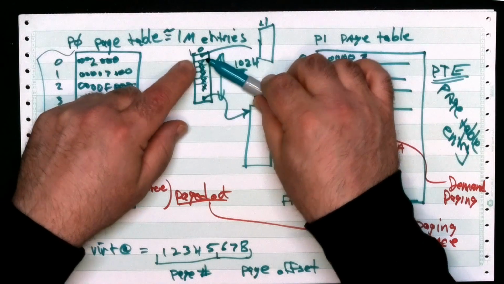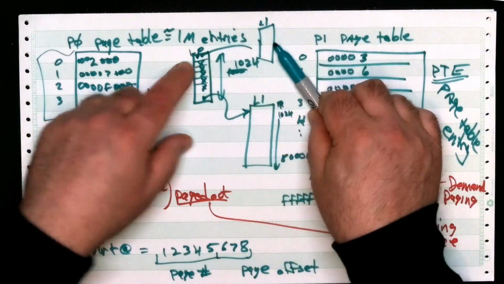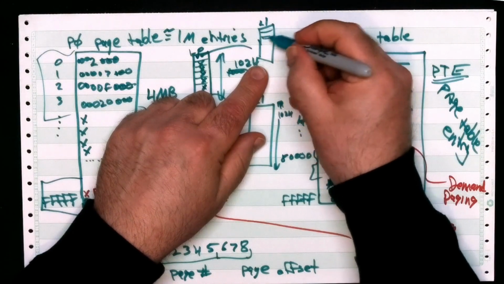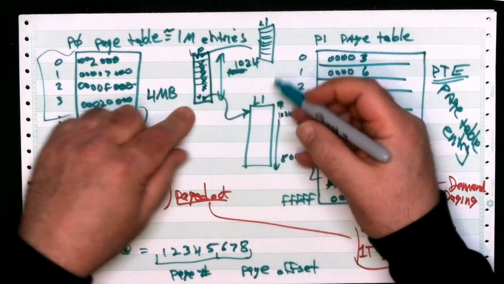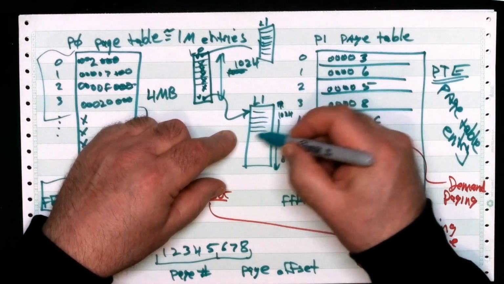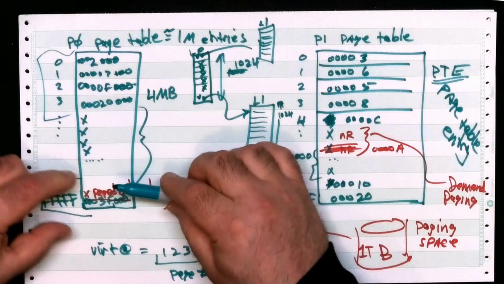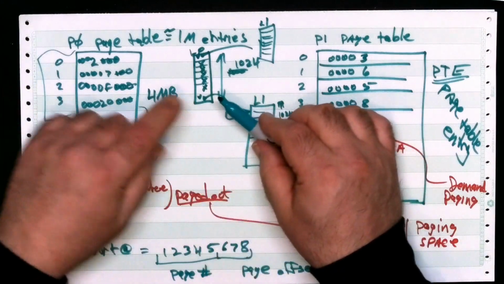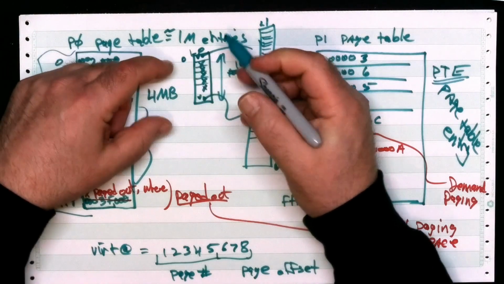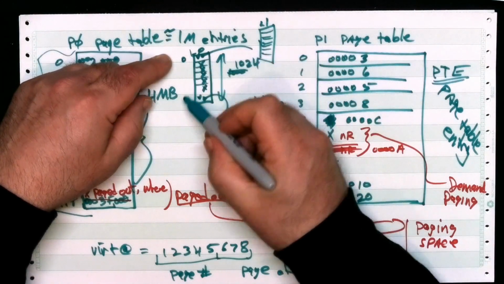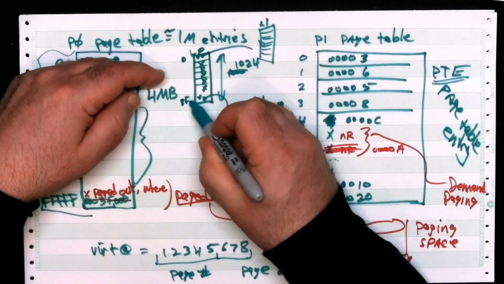The first one would be valid and says, I'm a guy pointing at a level 1 table that has 1,000 elements in it. The last one is valid, and I point to a level 1 that has 1,000 elements in it too. This page here would map to the biggest one, if this is our segment number 0 through 1K in hex is 3FF, okay?